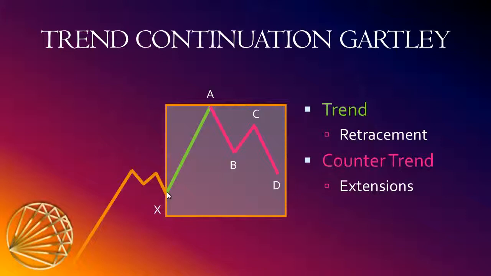That's pretty much true in the sense that if I got something that looks corrective here, and what precedes that looks like a trend, this could very well be a trend continuation Gartley pattern, because look at this. You got a trend, counter trend, trend, counter trend, and the assumption is now what? We assume that the trend's going to reassert itself and go up and make a new high. So we'd be a buyer right here. That's a good trade for you. So this is an example of a trend continuation Gartley.